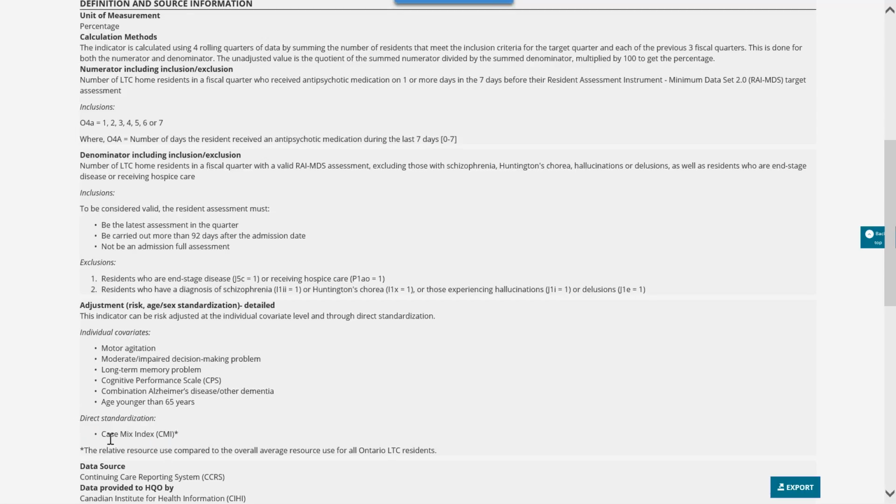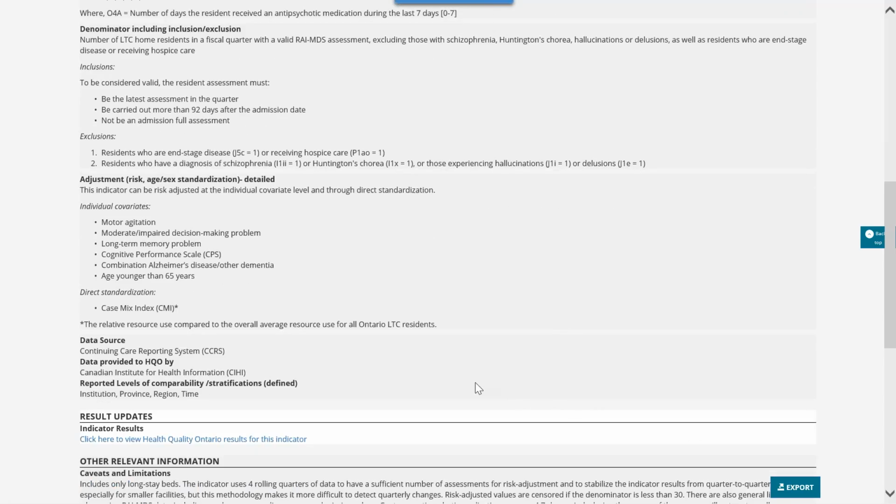But what they're talking about here is the case mix index, or the CMI. And they stratify populations into 3 different levels based upon different stratification factors. And again, those are used in this recalculation for the actual number and the expected number.